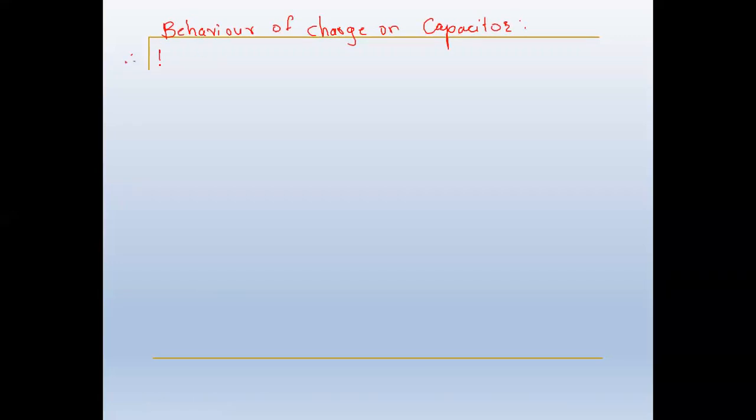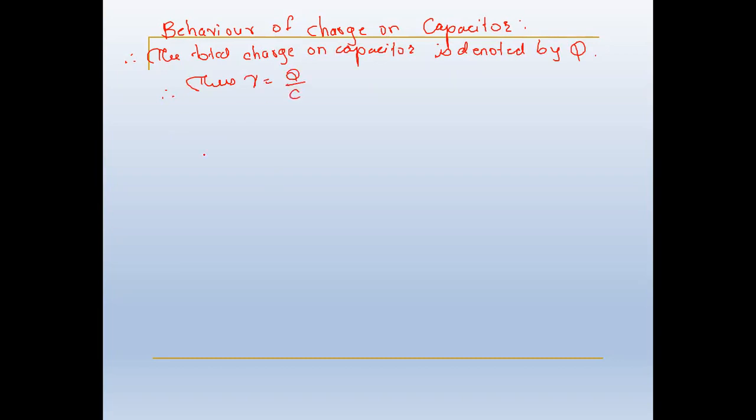Therefore, the total charge on the capacitor is denoted by Q. What we can define, thus, is V is equal to Q by C. Let Q be the charge at any instant.